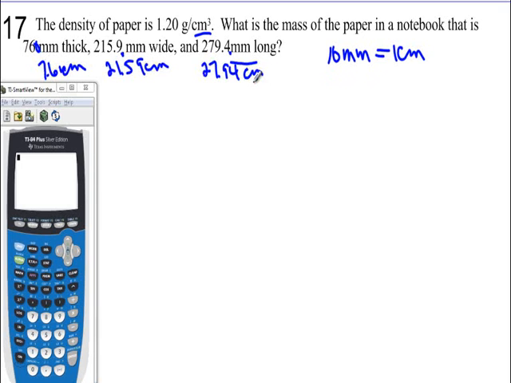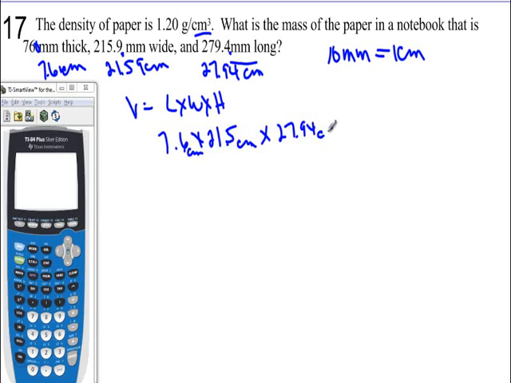Okay, so what's the mass of the paper given these dimensions? What I need to do is find volume, and I can find volume of a regular shaped object as length times width times height. So I use 7.6 times 21.5 centimeters times 27.94 centimeters, and I end up with units of centimeters cubed.